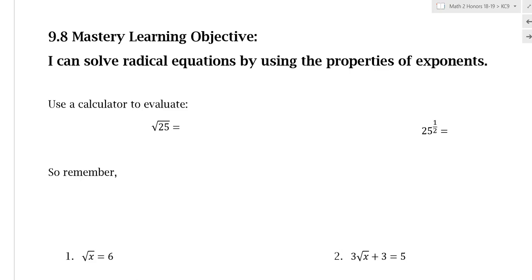All right, we are looking at 9.8, which is I can solve radical equations by using the properties of exponents. So the first thing we're going to do is use a calculator to evaluate both of these things.